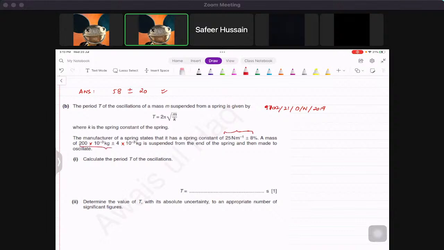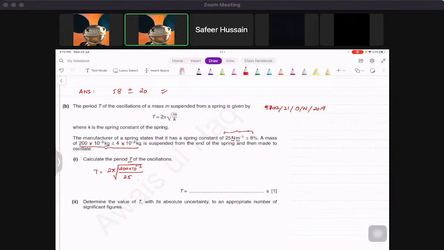Okay, so just like we have done, they want you to find the time period. So t will be equal to 2 pi times root of m is 200 times 10 raised to minus 3 divided by k is 25. Please do check if all of them are in SI units.